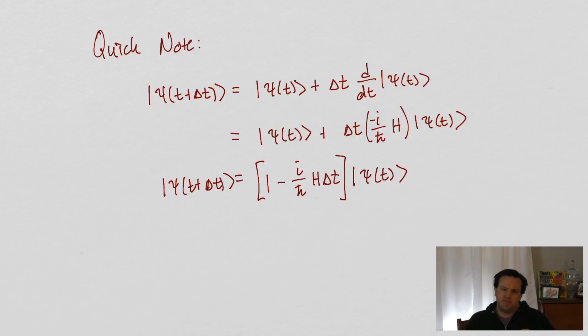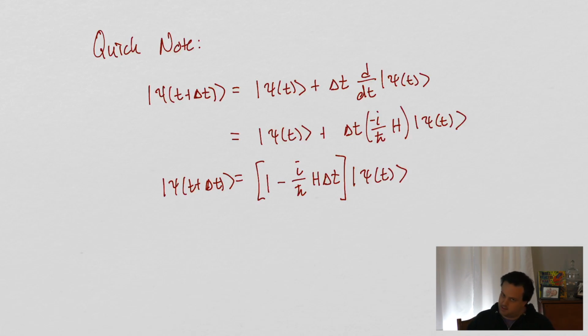But if I want to think about recasting this in terms of a unitary operator, that is, in terms of what it means to take my state psi and move it a little bit forward in time, here I'm taking psi of t and adding a little bit of delta t to it. As long as delta t is small, I can approximate it as my initial state plus delta t times the derivative of the state.